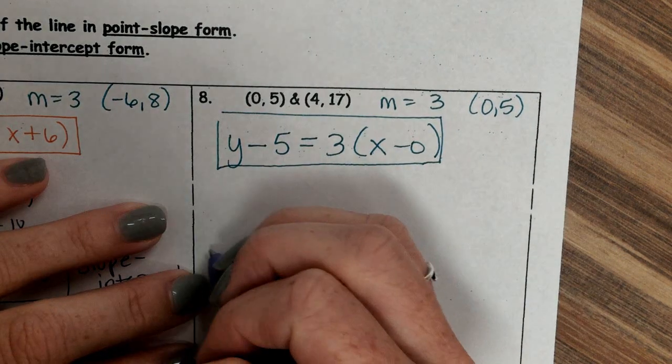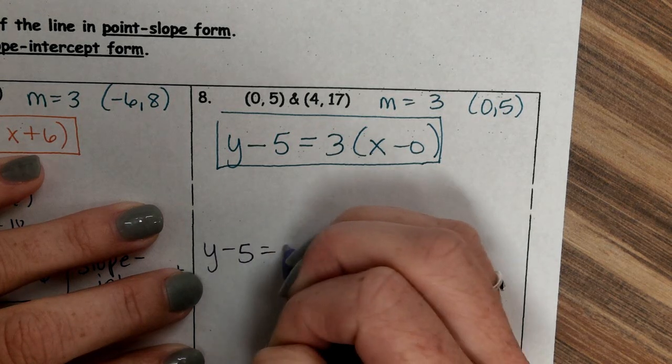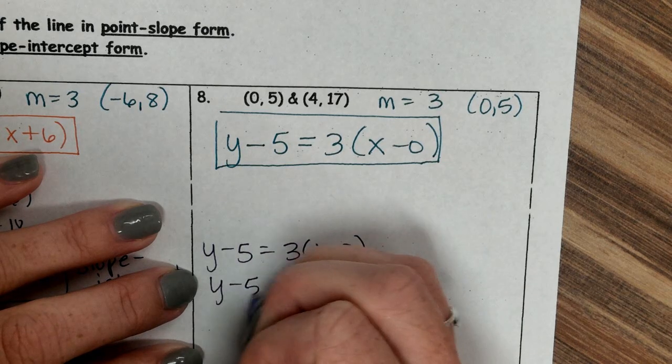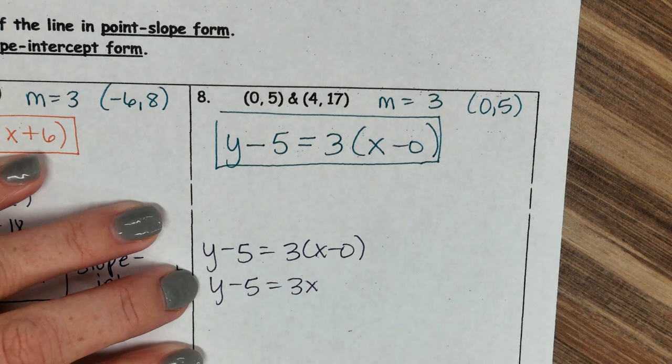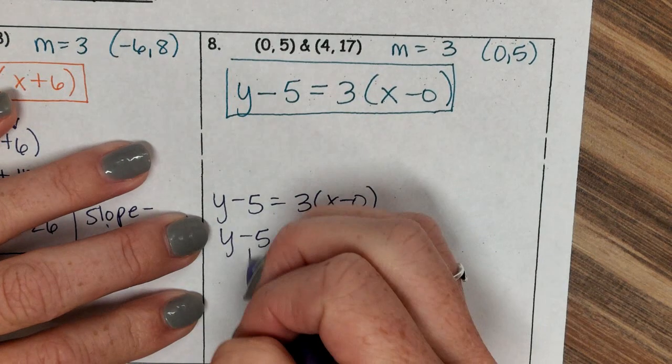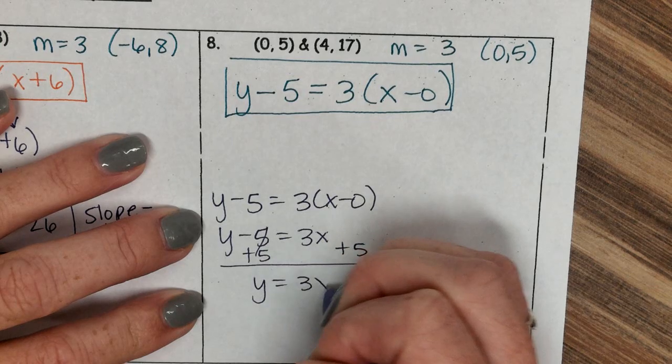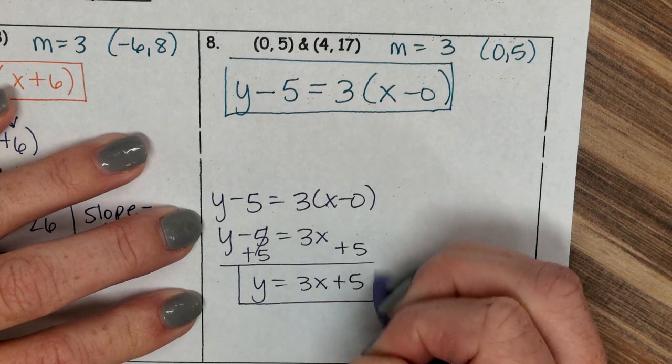So I have y minus 5 equals 3x minus 0. So y minus 5 equals 3x, and 3 times 0 is 0, right? How do I get rid of the minus 5? Plus 5, so I have y equals 3x plus 5.